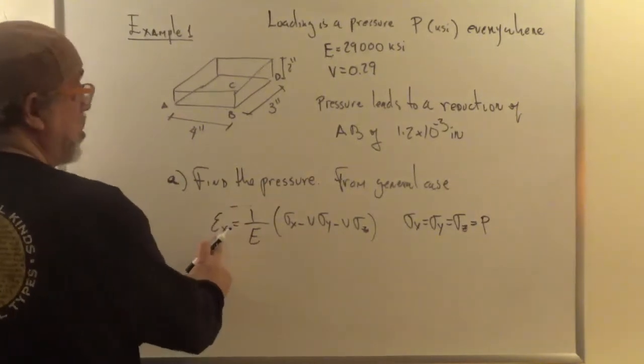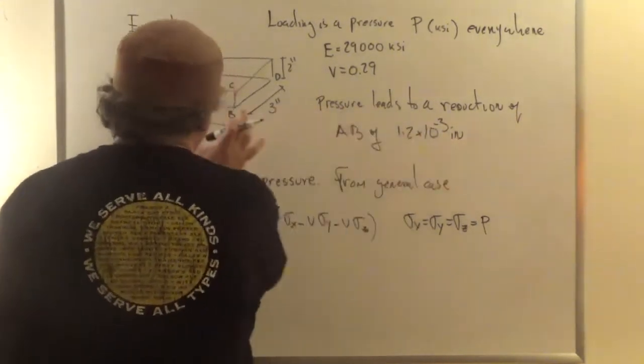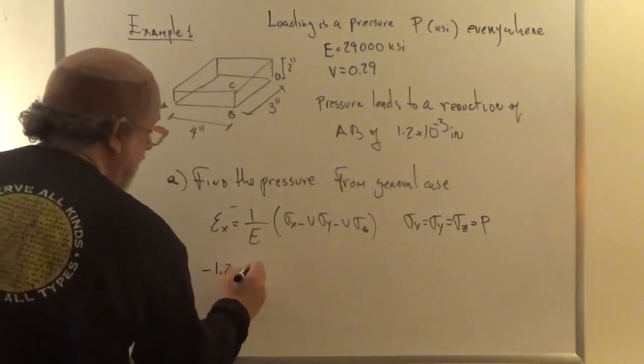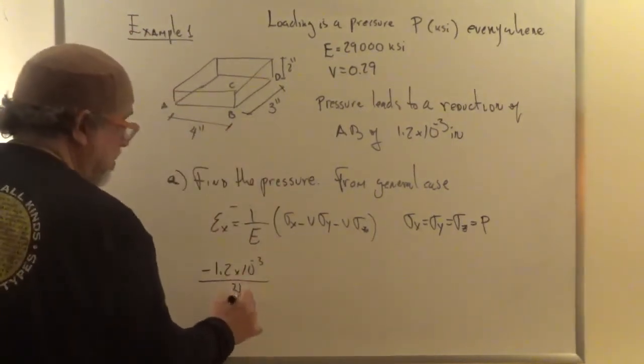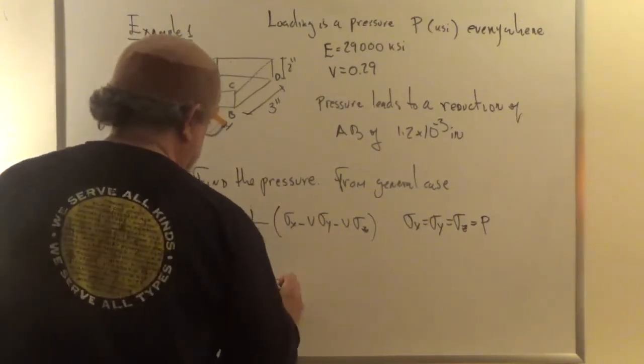Now what is epsilon x? Epsilon x is the strain, right? So the strain is the elongation, or in this case the shortening, so it's minus 1.2 times 10 to the minus 3, divided by the original length, which is 4 inches. So that's the strain in the x direction.